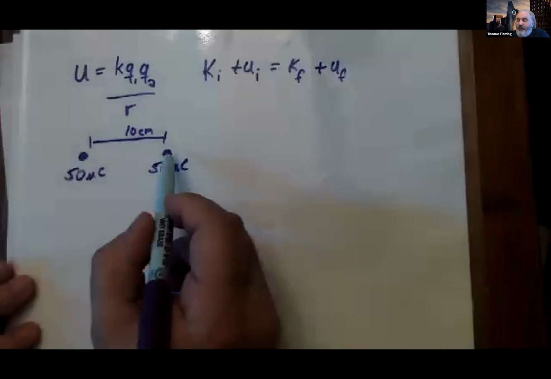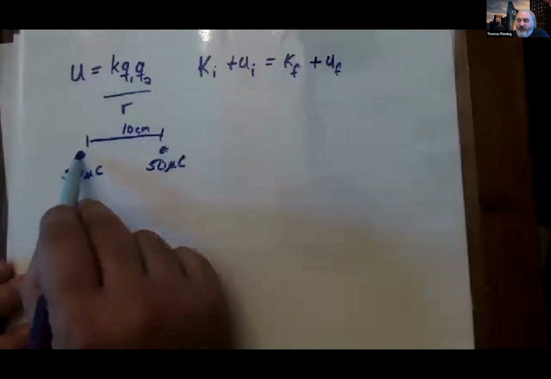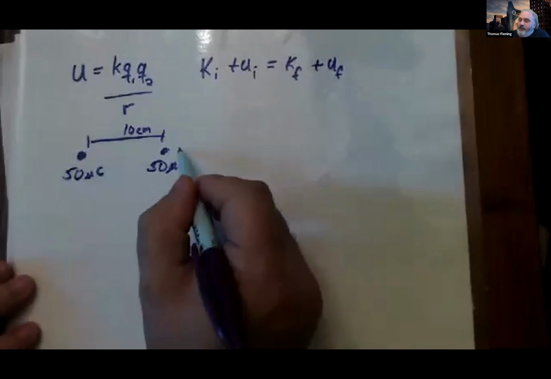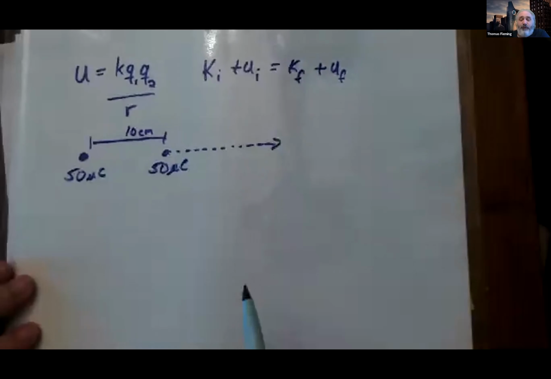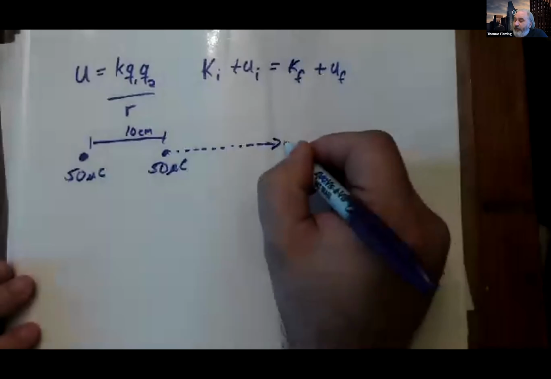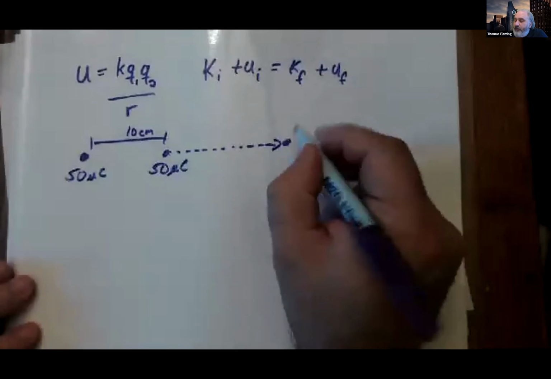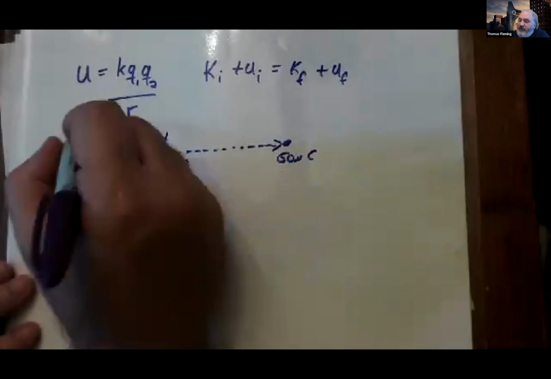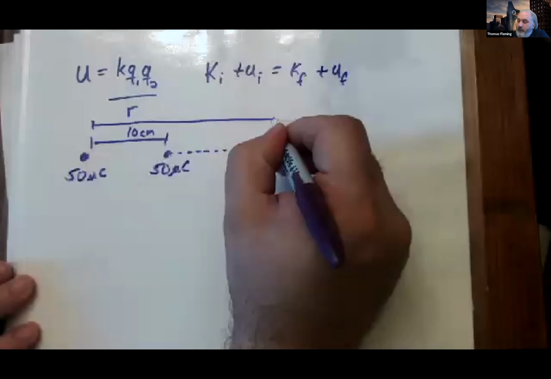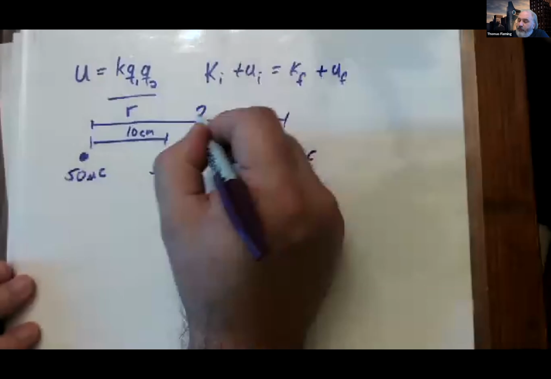And what's going to happen is because he's repelled from this guy, it's going to end up traveling under the influence of the Coulomb force until later it arrives some distance away. Let's say that this is something like 2 meters.